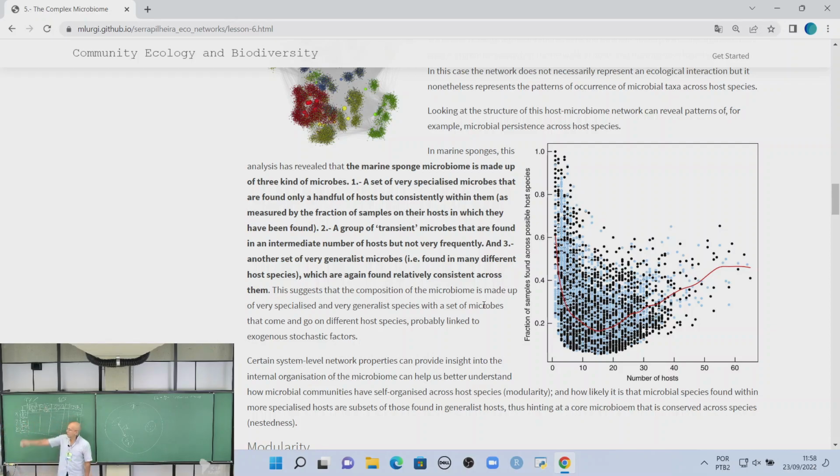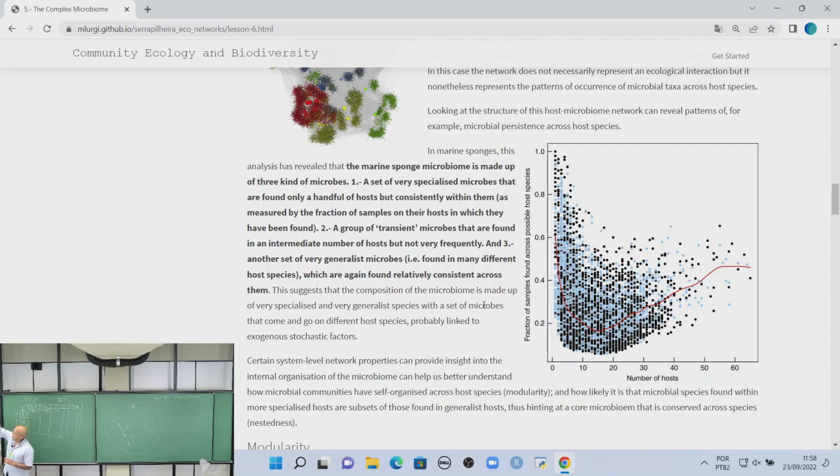And as you can see, there are so many because one of the things about this kind of community is that you have a sheer amount of diversity. In the raw data, before I applied some filtering, we had around 500,000 OTUs. So you need very powerful computers to analyze this kind of data.